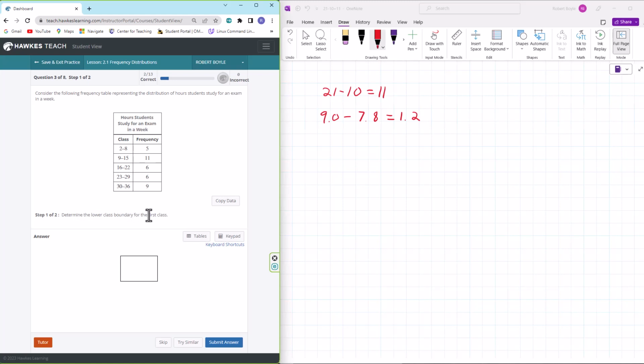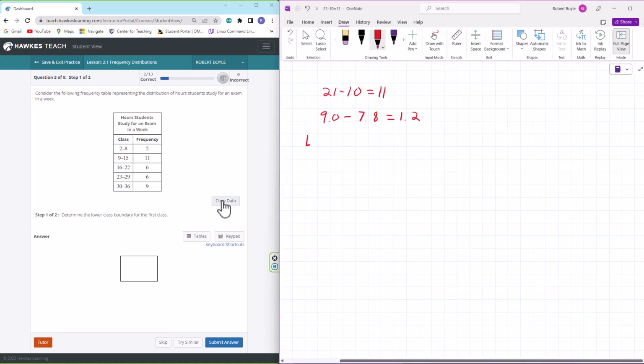Now remember, the lower class boundary for the first class is going to be the average of the lower limit for the first class and the upper limit for the 0th class, which will be the sum divided by 2.